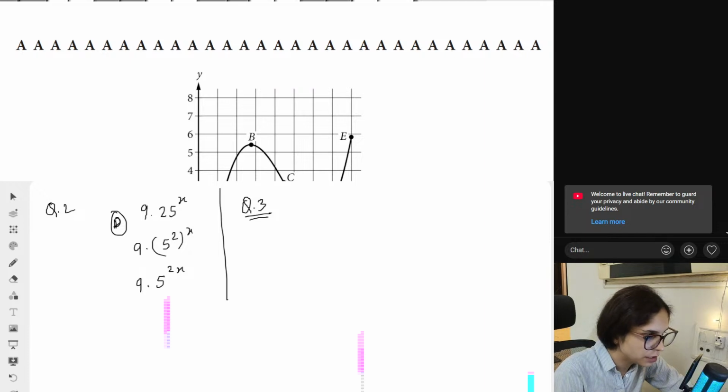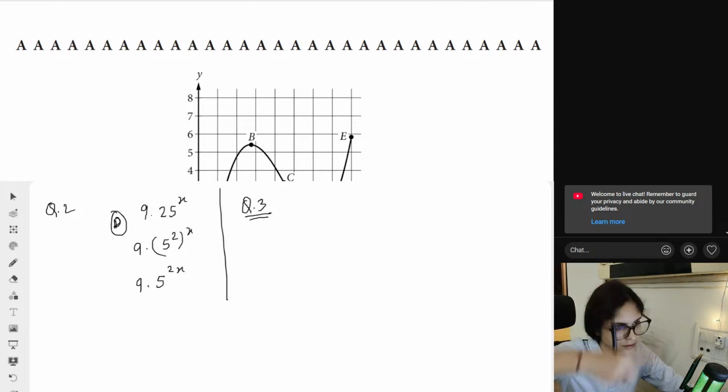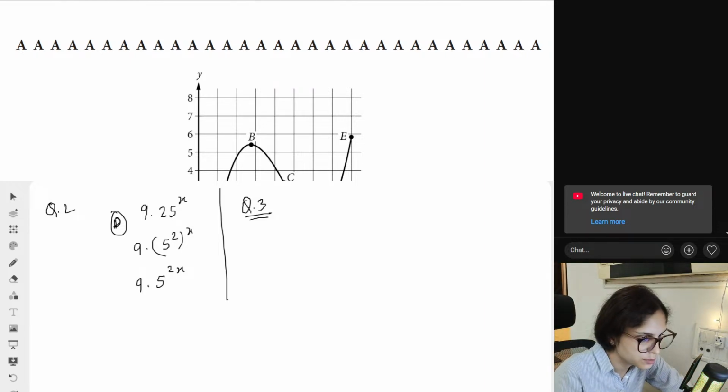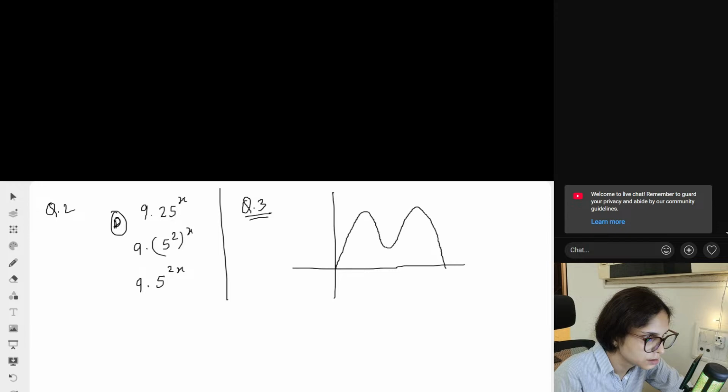Or I'll make the graph, the approximate shape. I think it is something like this.